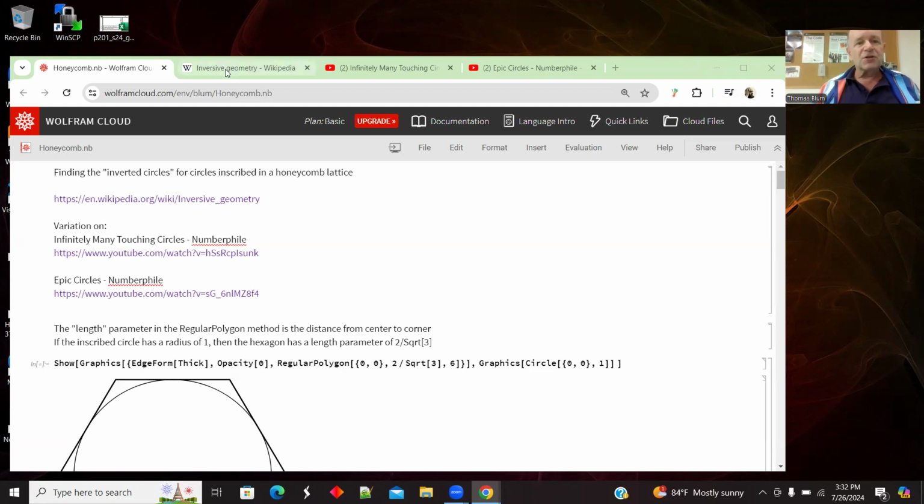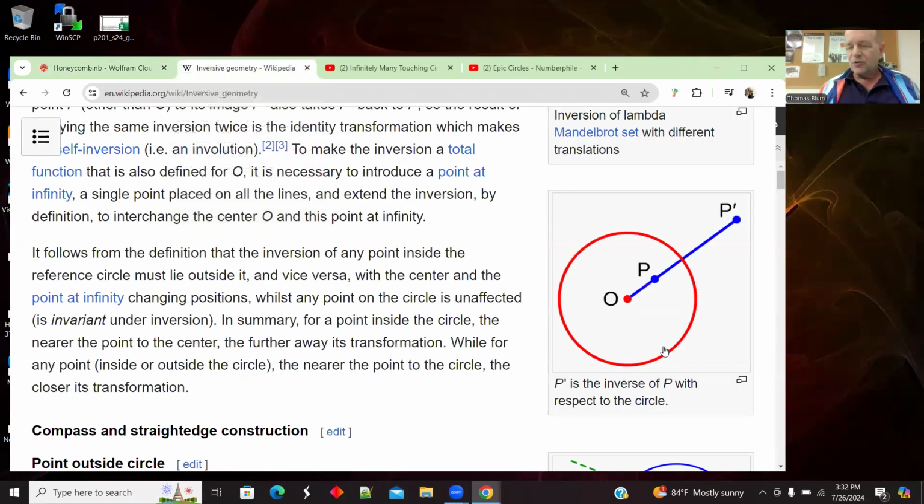Just in general, I'll call it simply circle inversion. You have some circle, and you can map points inside to the outside and vice versa by choosing a radial line from the origin of the circle to whichever point, say in this case the interior point P. Then you want the product of the two distances from the origin, OP and OP prime, to be equal to the radius squared.